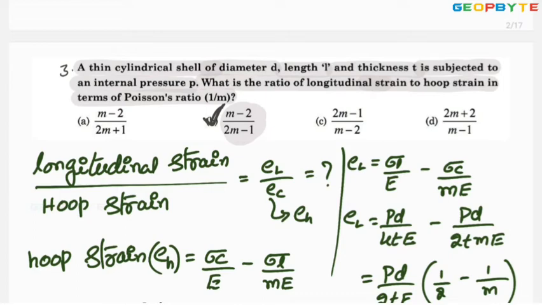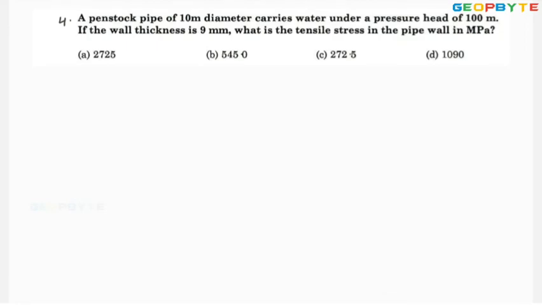Let us go for the another problem. Let us read the next problem. A penstock pipe of 10 meter diameter carries water under a pressure head 100 meters. Diameter of the penstock given D equal to 10 meters.